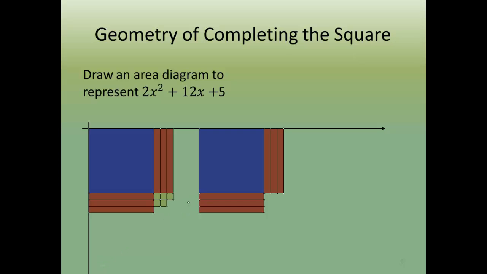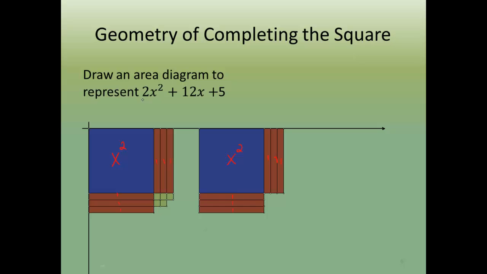Well, I can break it up into 2 pieces, where I have 1x squared in this group, I have another x squared in this group. The 12x I've split up into 1, 2, 3, 4, 5, 6 x's in one group, 2, 3, 4, 5, 6 x's in the other group.